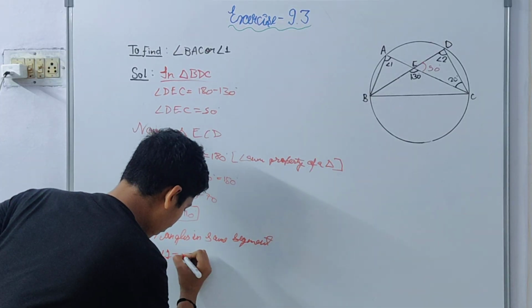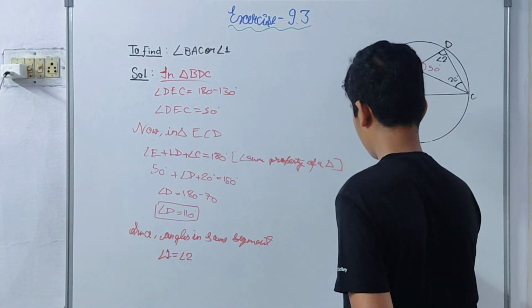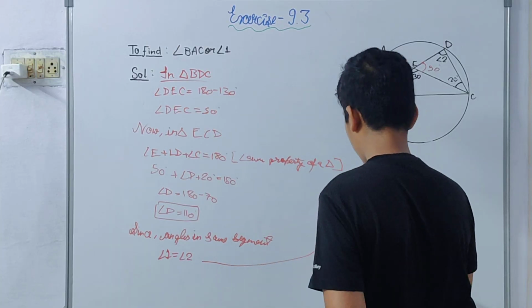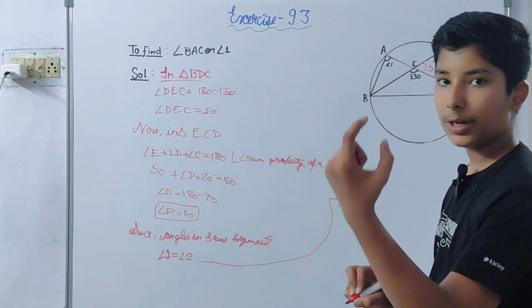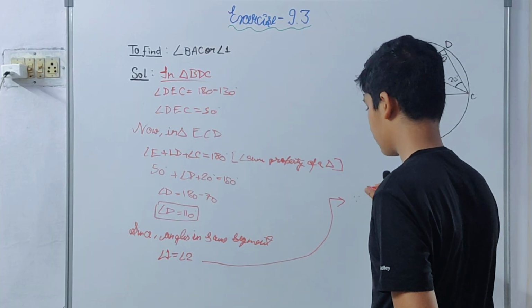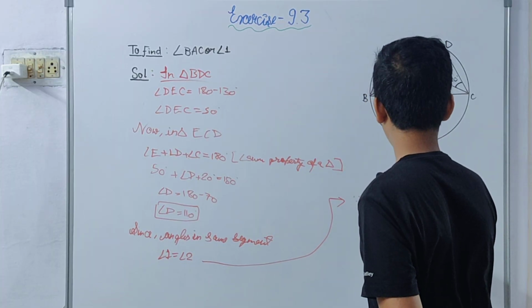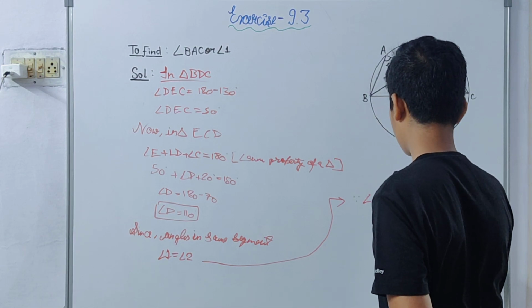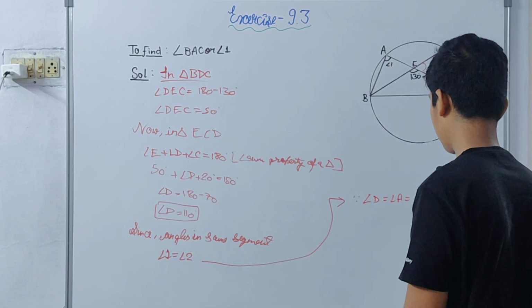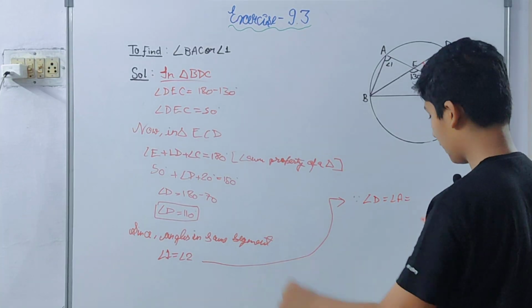Therefore, I am writing the next step here, but you will have to continue with the same page. Therefore, angle D equal to angle A equal to, not 50, it would be 110 degree.